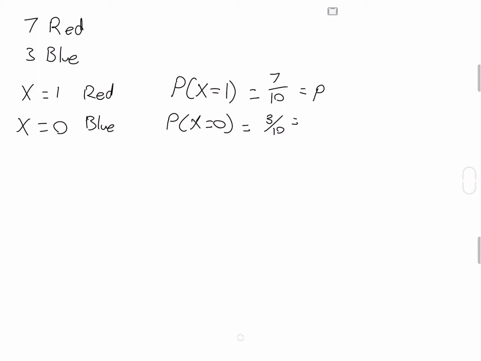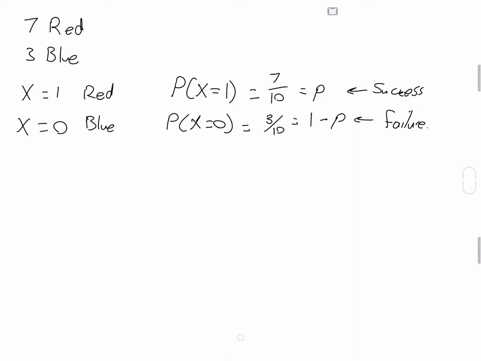Or we can think about it as 1 minus our probability. Alright, so the probability of success here, and the probability of failure. So if you think about it, if we're trying to draw a red pen out, if we draw out a blue one, we're failing to pick out a red pen. So this is assuming that we can't see them, obviously.